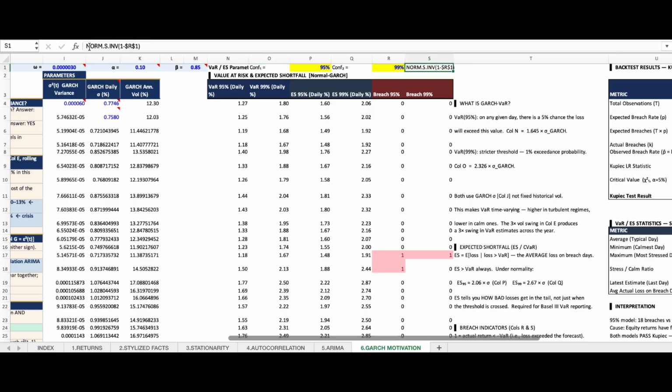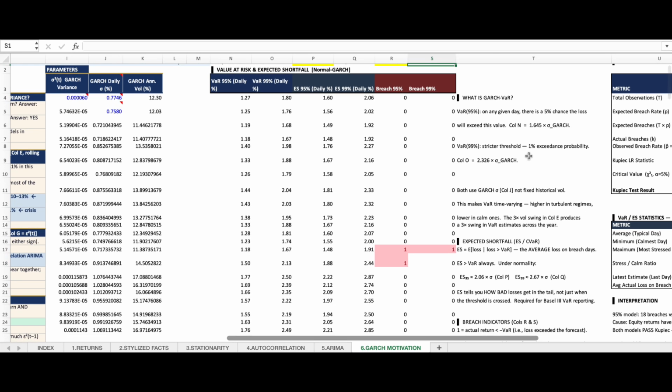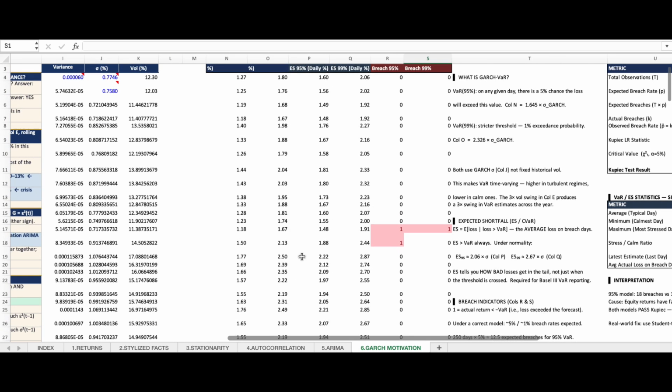Now, because GARCH volatility changes every day, the VaR changes every day. So during calm periods, VaR might be around 1.1 or 1.2%, but during stressed periods, it might climb to 3% or higher.